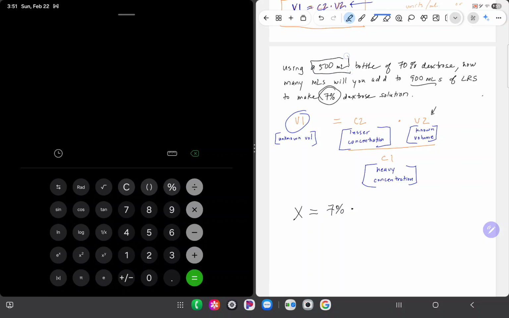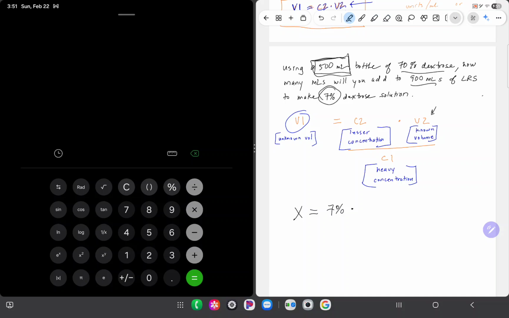Remember how I said in the beginning, they do have 2 volumes on here. Isn't that annoying? That is why we're getting confused on this, because what they're basically telling you is 500 mils is just what that bottle comes as. That heavy concentration of dextrose comes in a bottle of 500 mils.